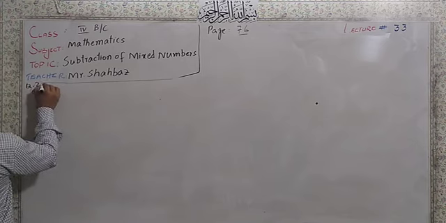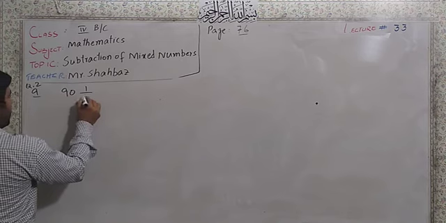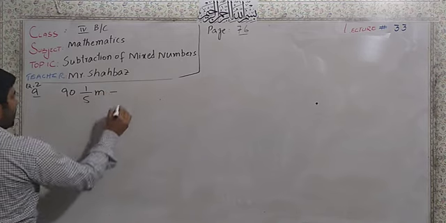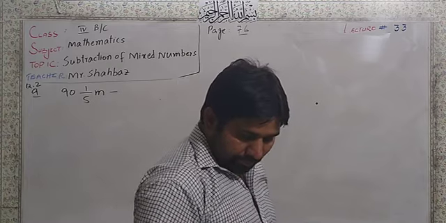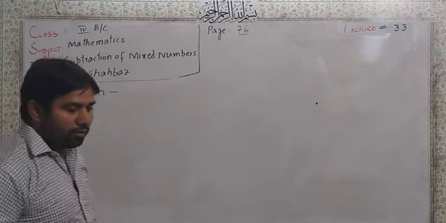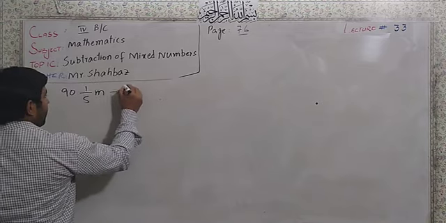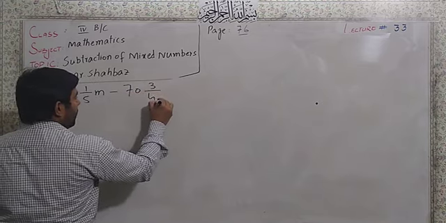Question 2. 90 whole 1/5 meters minus 70 whole 3/4 meters. The process is the same.